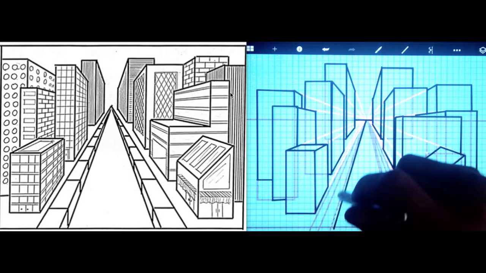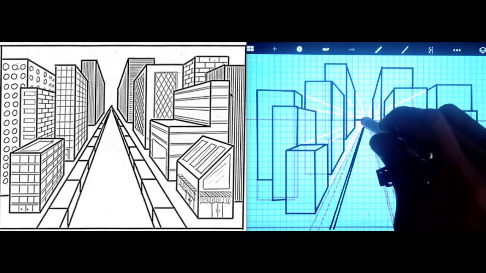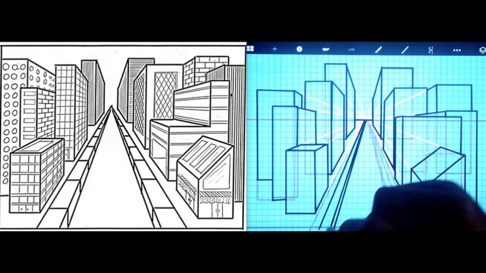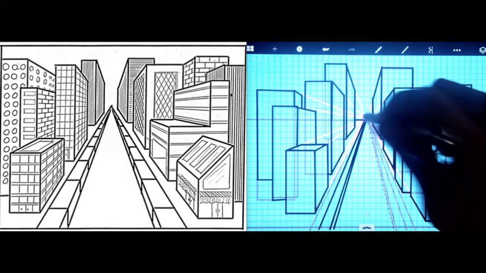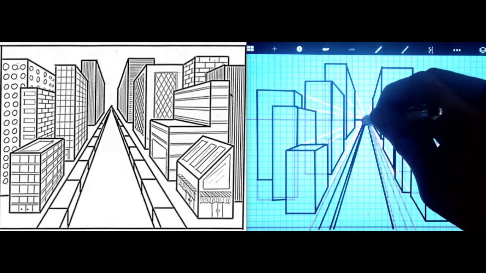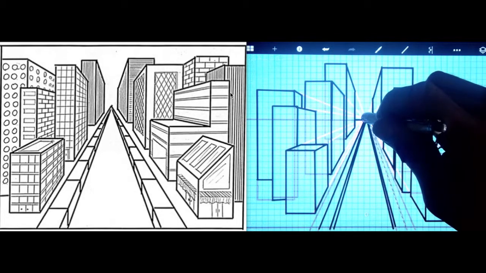We need all of these lines that helped us make our sidewalk and our curb. We don't need the line that helped us space our buildings back from the edge of the sidewalk. And I think we will need a rectangle around our whole piece.